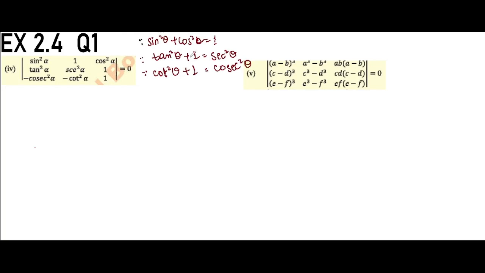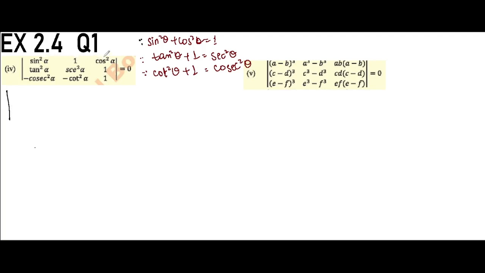Okay, now we have to solve it. We are going to learn another property, that for determinants we can add any two columns and any two rows, given that whatever we are doing, adding or subtracting, we have to do it with all the elements of those rows. So here, sine square alpha plus cos square alpha will give us 1.